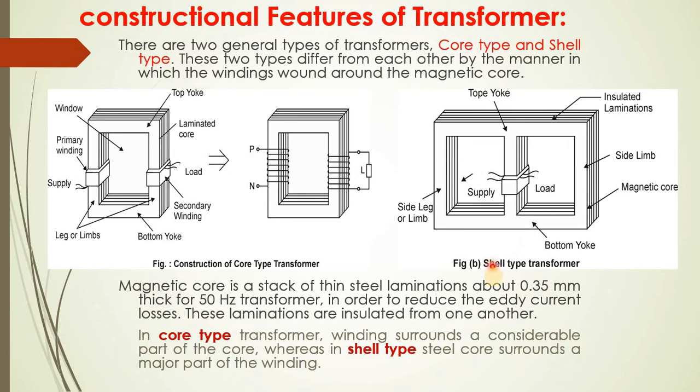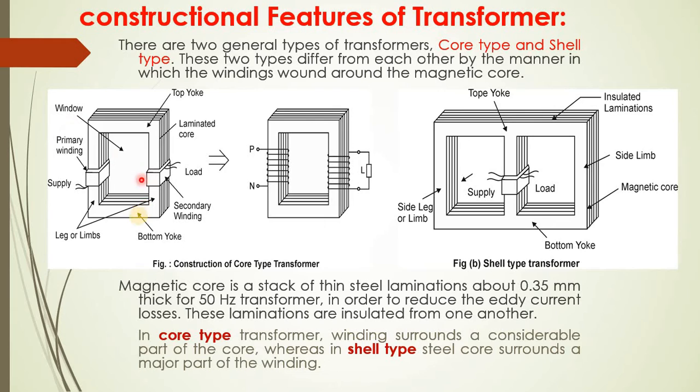Then the next type is the shell type transformer. In a shell type transformer, the core will surround the winding, which is wound on the central limb. There will be a primary winding and a secondary winding, placed on this central limb. The different notations are given here; I will just read them out.